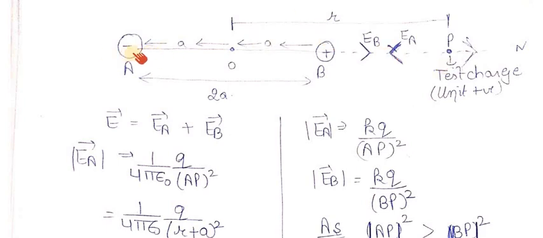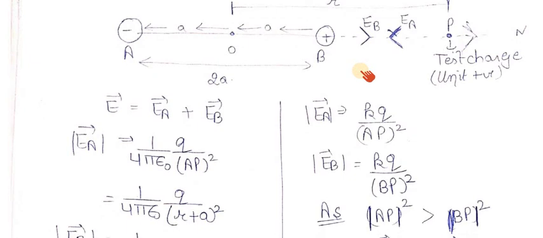The negative charge will attract the unit positive test charge towards itself, so the arrow EA is directed towards the negative charge. The positive charge is higher in magnitude, and since the test charge is also positive, they repel each other, so the arrow is like this.